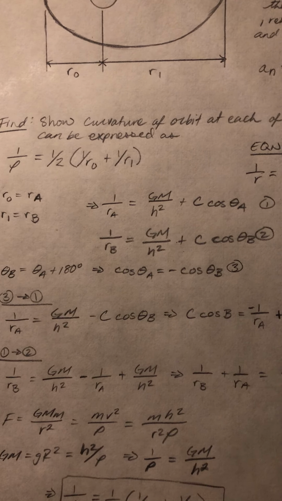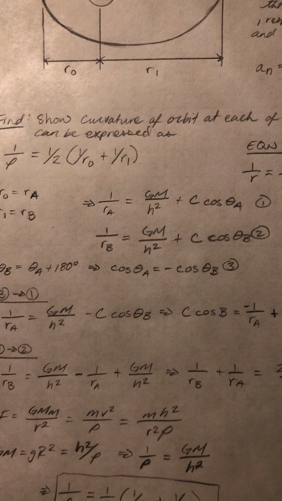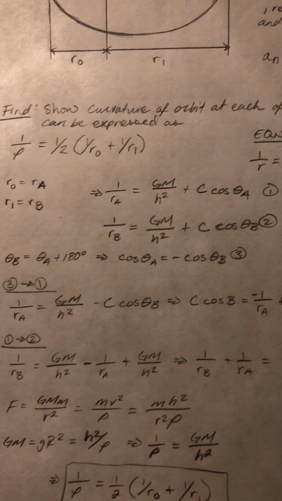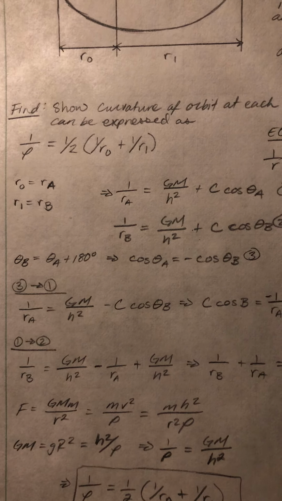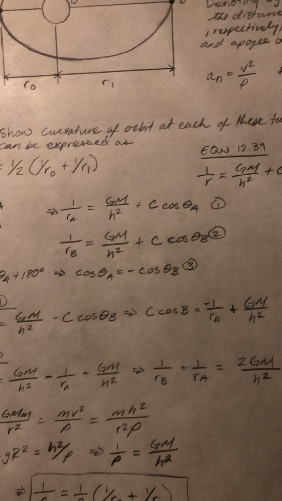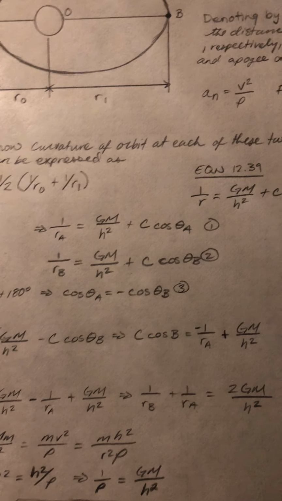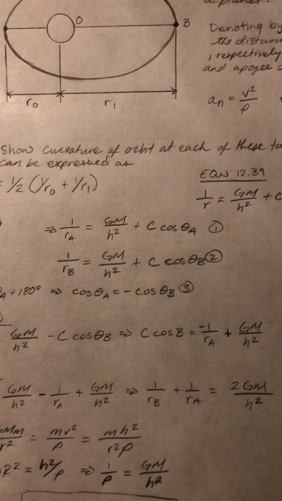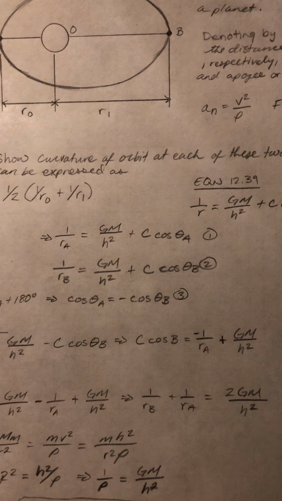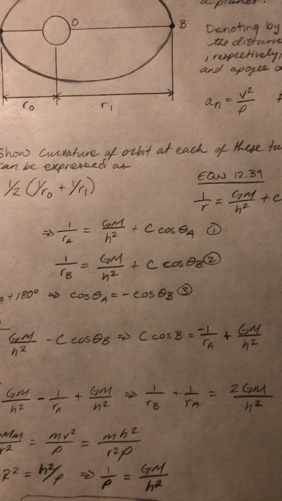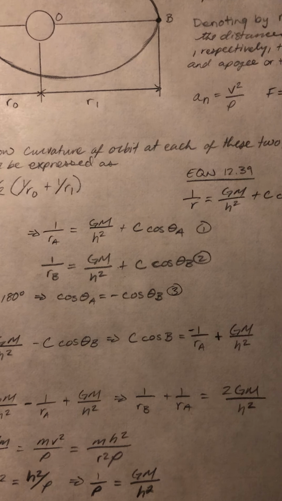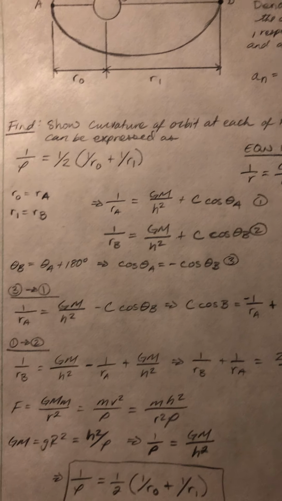For theta B, we know it is equal to theta A plus 180. And using what we know, we can plug in cosine theta A is equal to negative cosine theta B, and vice versa.